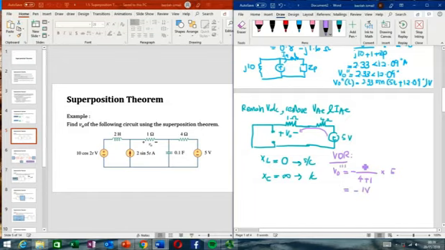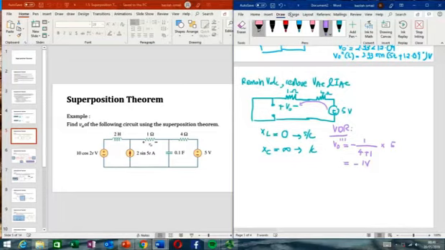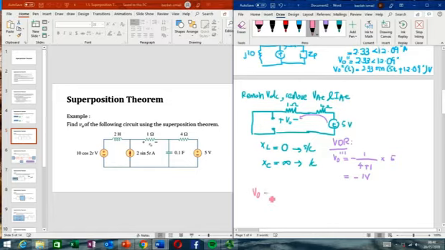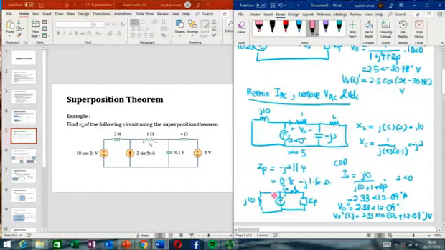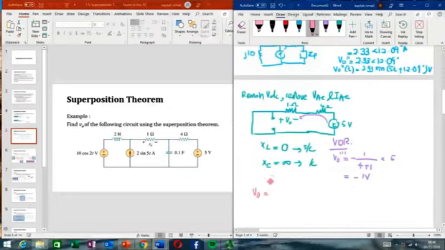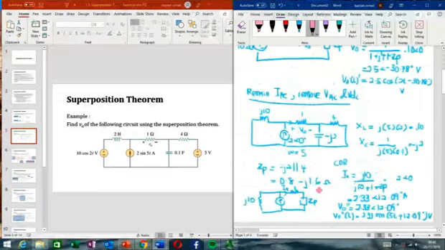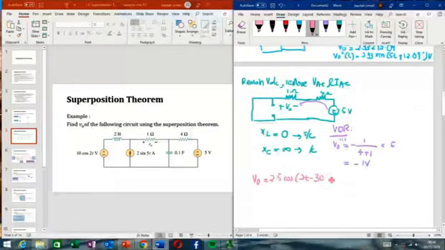So this is the third value. And lastly, we need to write down the whole value. So V naught is equal to 2.5 cos(2t minus negative 30.78) plus 2.33 sin(5t plus 12.09) plus minus 1 volt.